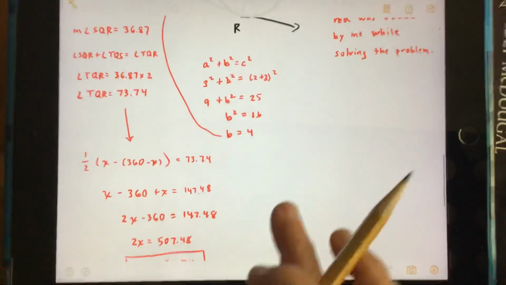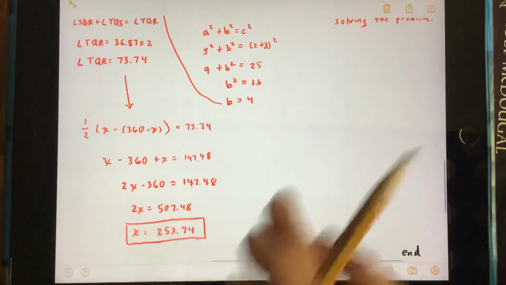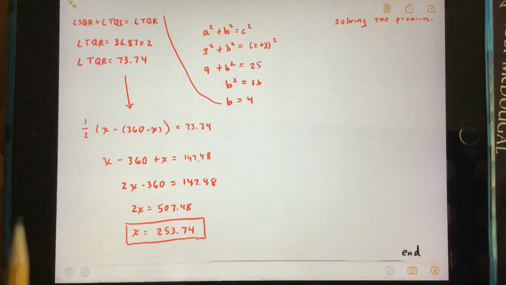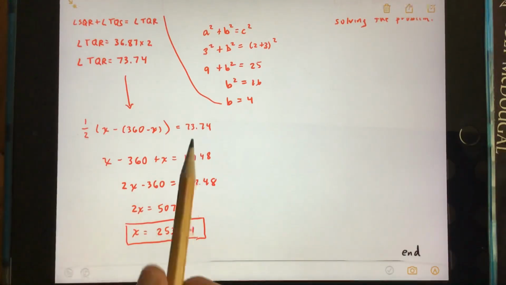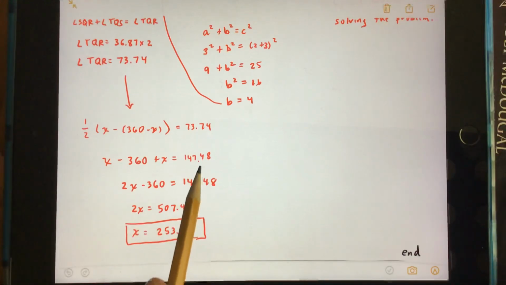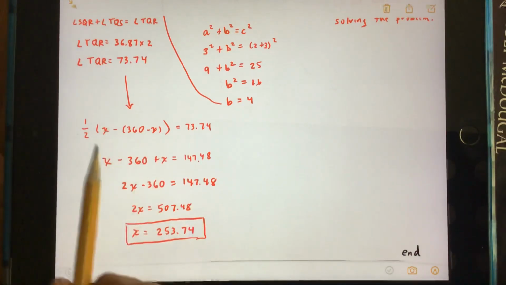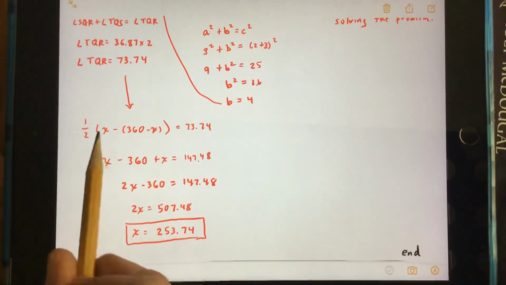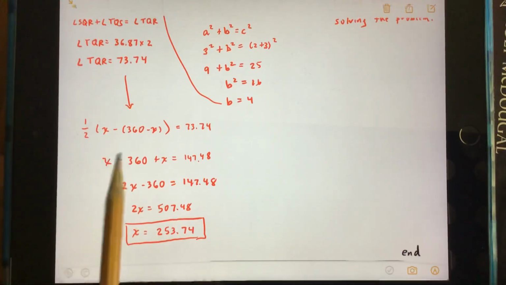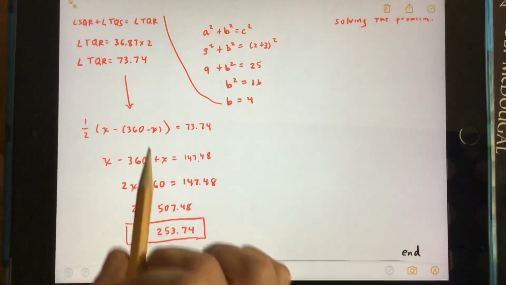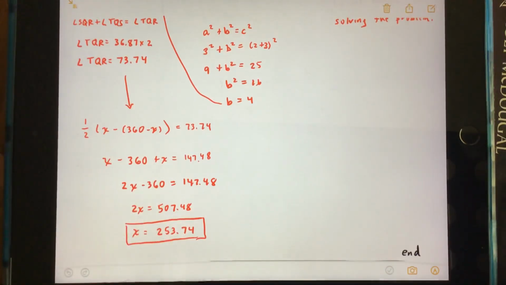Now I'm going to simply solve this equation to find out the value of x. First step, I multiply both sides by 2, and that will undo this 1/2. So there's 73.74 times 2. And then inside my parentheses, I'm going to start simplifying. So I'm going to bring down my x, and then I'm going to use the distributive property: -1 times 360 would give me -360, and -1 times negative x is positive x.